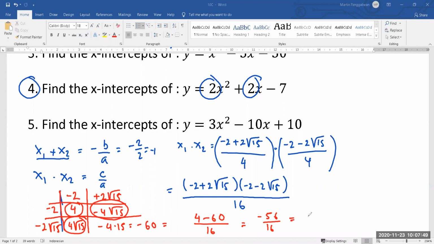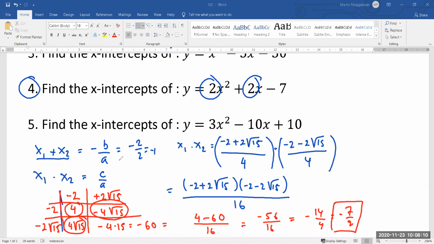Okay, equals negative 14 over 4, negative 7 over 2. That is negative 3.5. By calculation manually, we find that the product of both roots is negative 7 over 2.